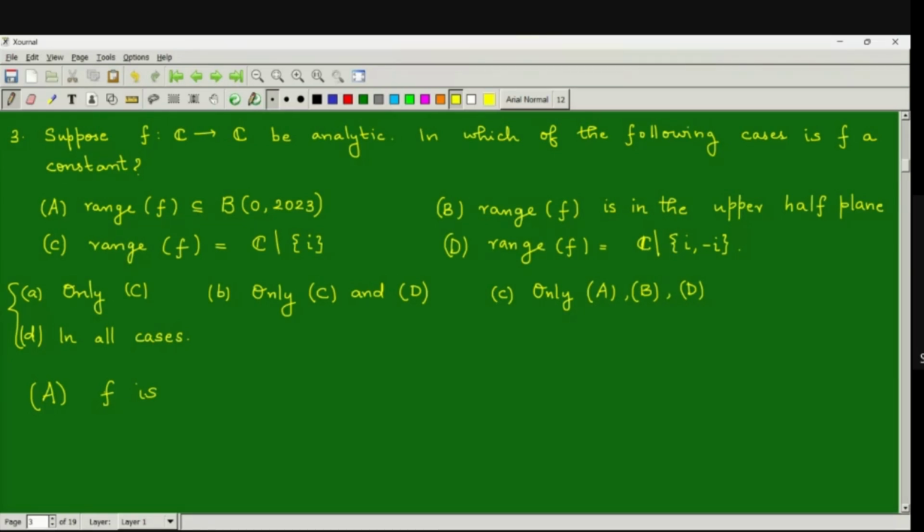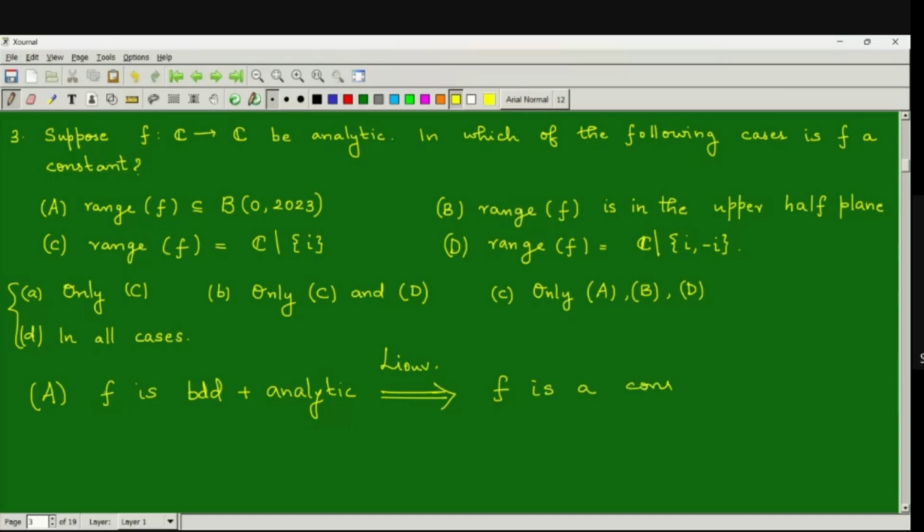So what does it mean? F is bounded. It is already given it is analytic. What theorem suddenly comes to your mind? Yeah, Liouville's theorem. So Liouville's theorem says what? Then F is a constant.